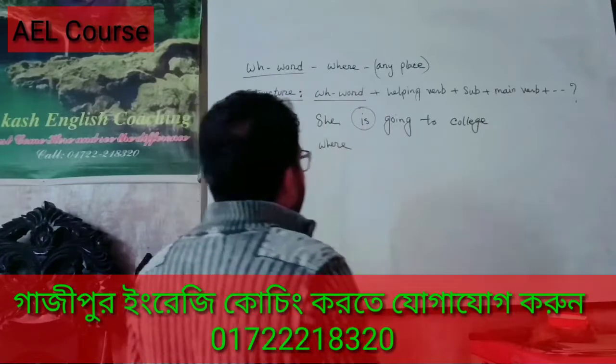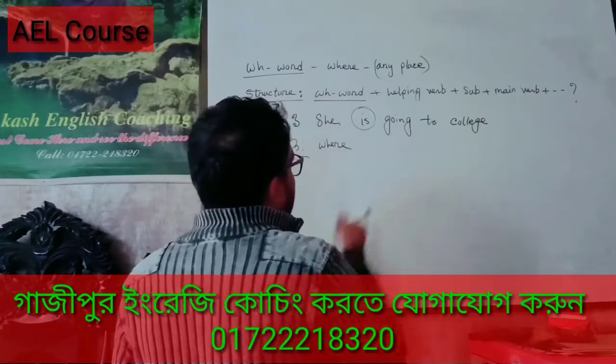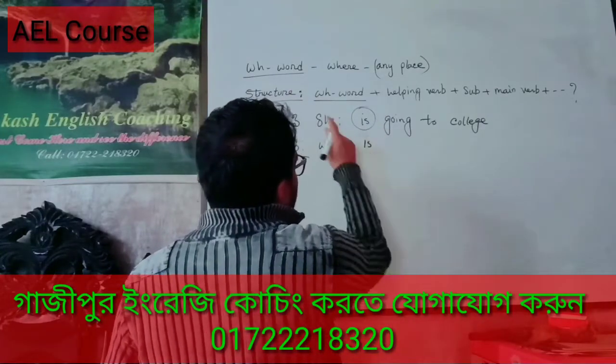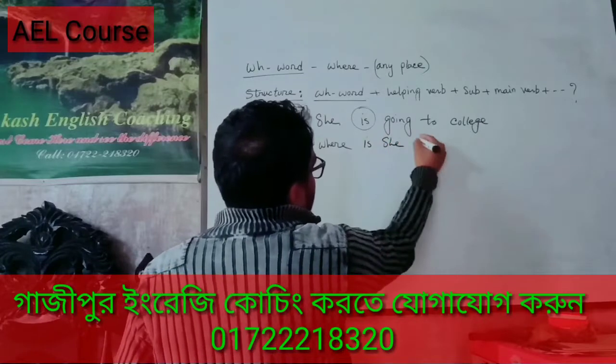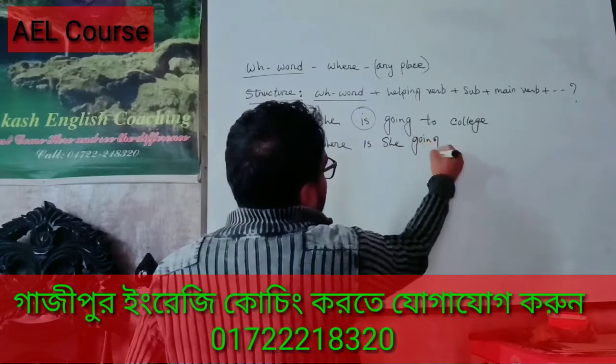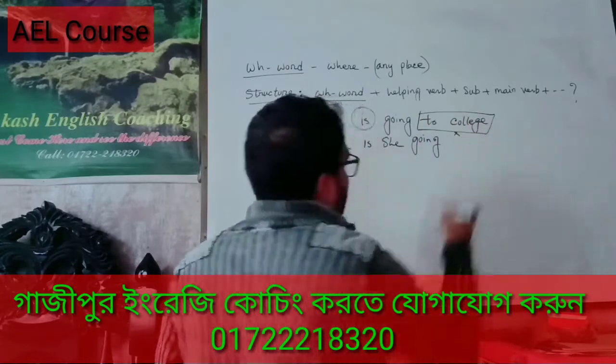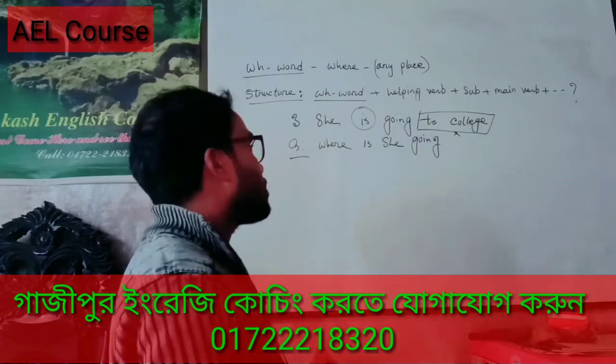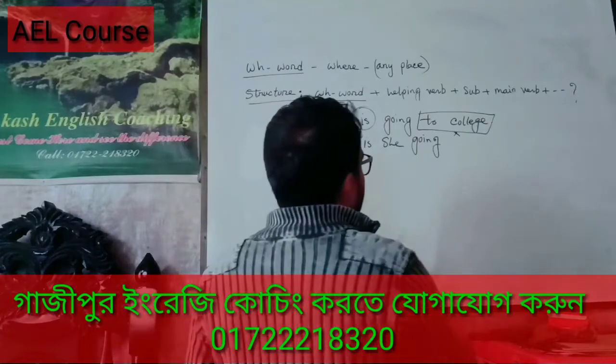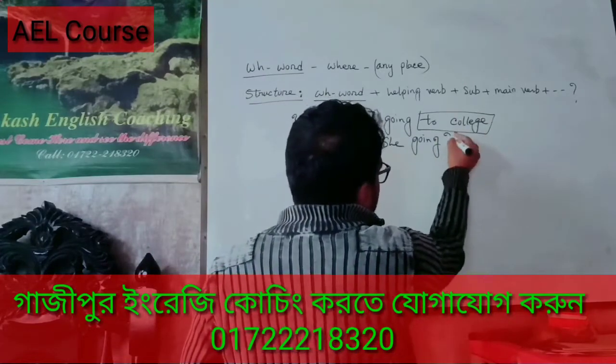So in this sentence we are getting a helping verb. The helping verb is is, and then the subject she, and then the verb plus ing, going. You have to take out from this sentence the answer, to college. To college indicates a place. That's why we take out to college, and at last the sign of interrogative.